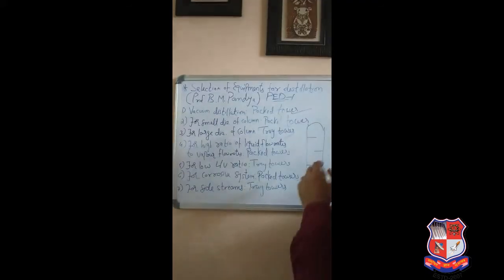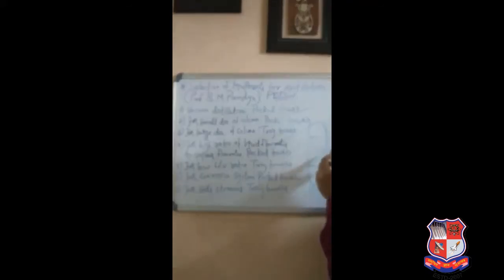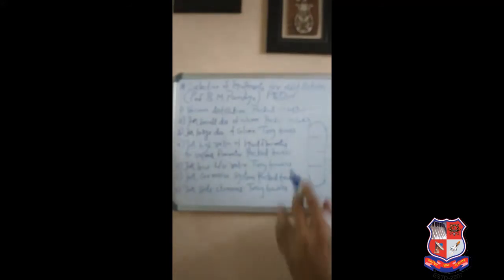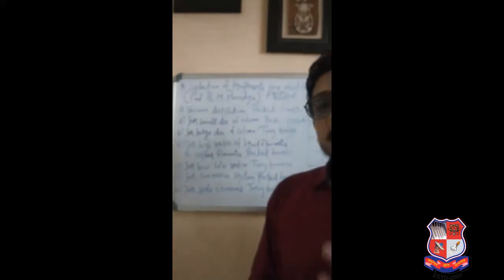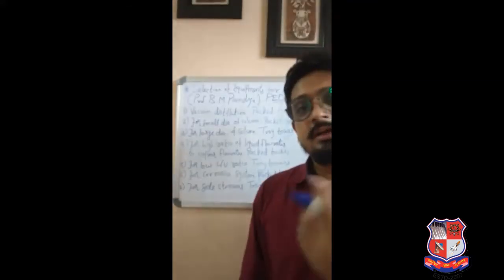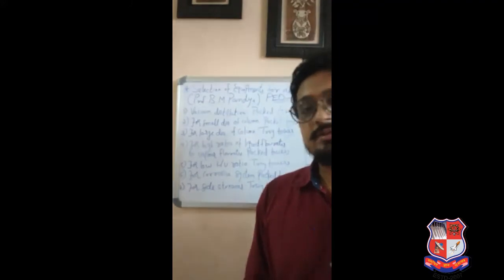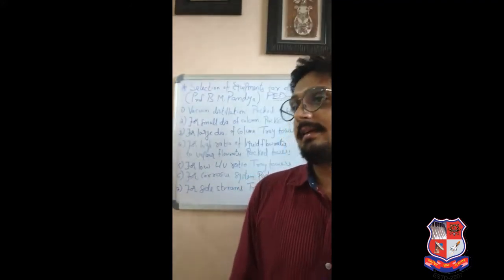We get petrol from one height, kerosene from a different height, gasoline from a different height, LPG from a different height, right? We get diesel from a different height. At different heights you get different compositions, different petroleum products like kerosene, petrol, diesel, etc.